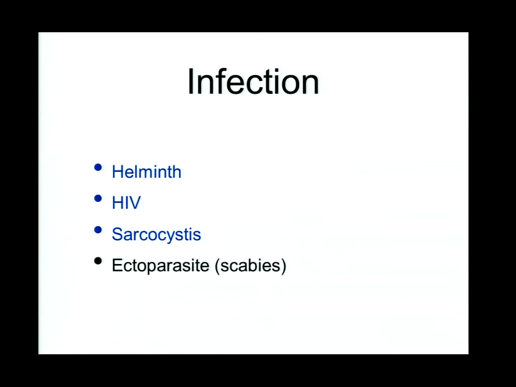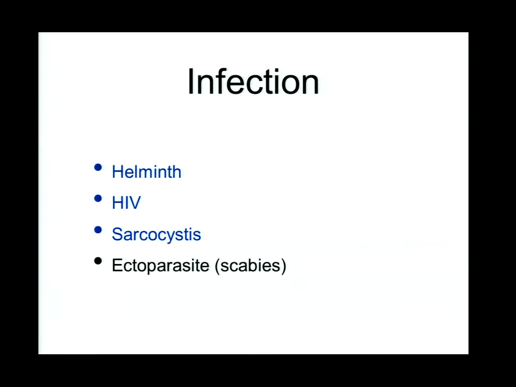And then the small area, this is a talk in itself, infection and hypereosinophilia. All helminthic infections can lead to hypereosinophilia. HIV infection is associated with hypereosinophilia in usually less than a quarter of the patient population.